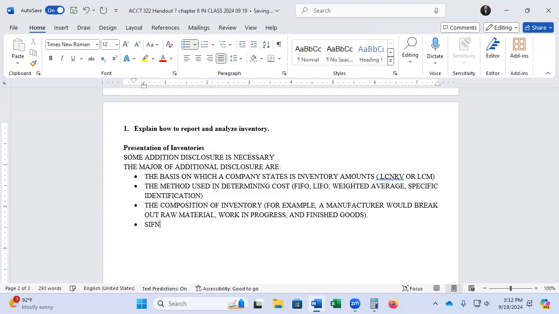And then significant, I'm going to call that material or unusual financing arrangements.